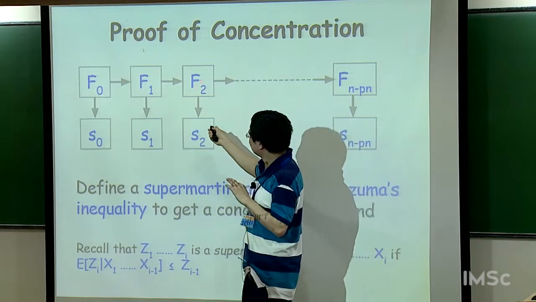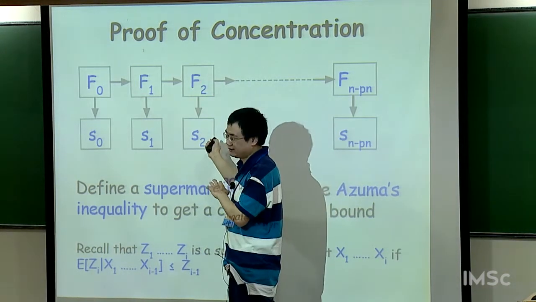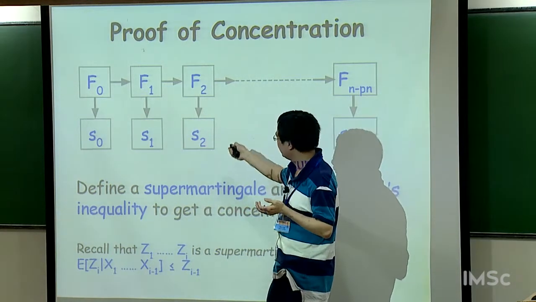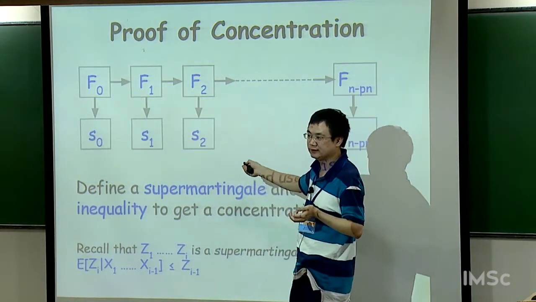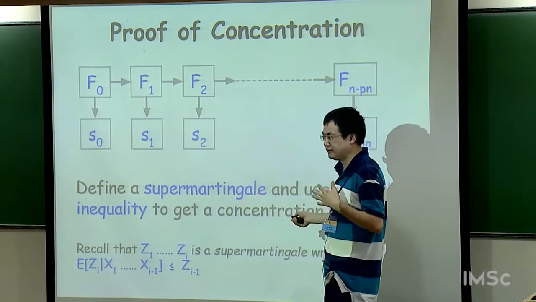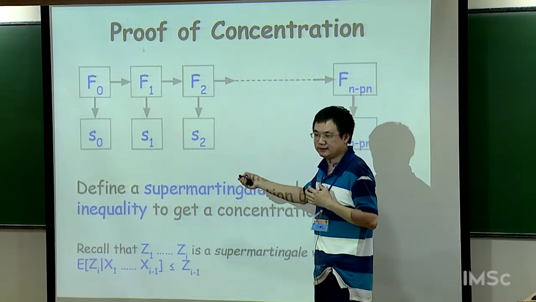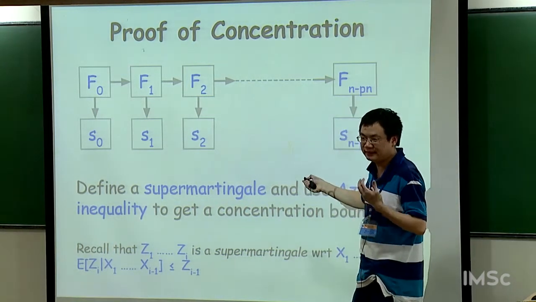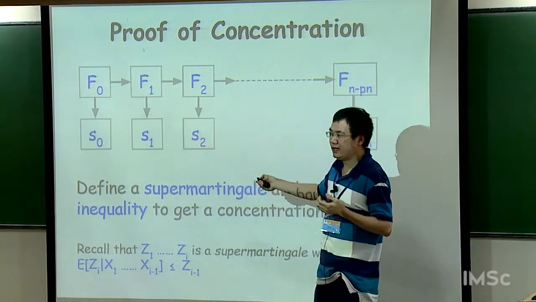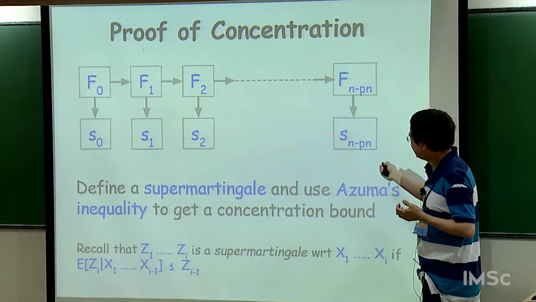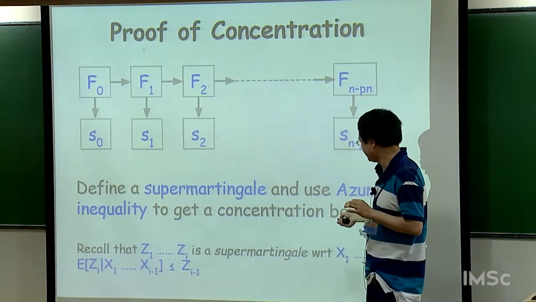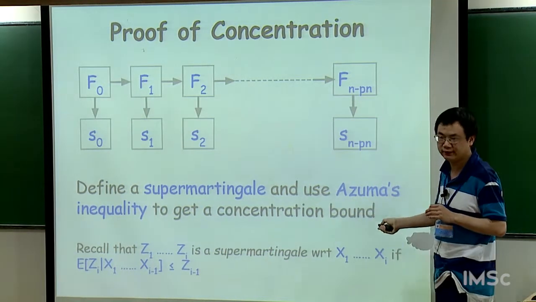Each formula in the next step depends on the formula in the previous step, and for each formula we measure its size using S. Essentially, we can define a supermartingale process based on the size of these formulas, well, not exactly on the size, but on the logarithm of the size. Then we want to show that at the end, the final size is concentrated around its expectation. This concentration can be shown using Azuma's inequality.